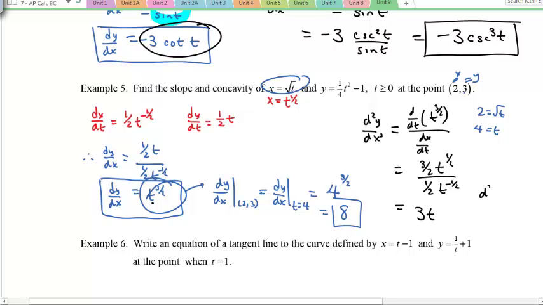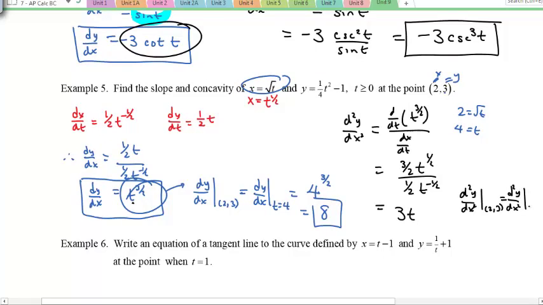And once again, if I want d squared y over dx squared at the point (2, 3), that's equivalent to using the second derivative at t equals 4, plugging that into our expression. 3 times 4 must be 12. Since 12 is positive, we know the curve is concave up at (2, 3). Ta-da!